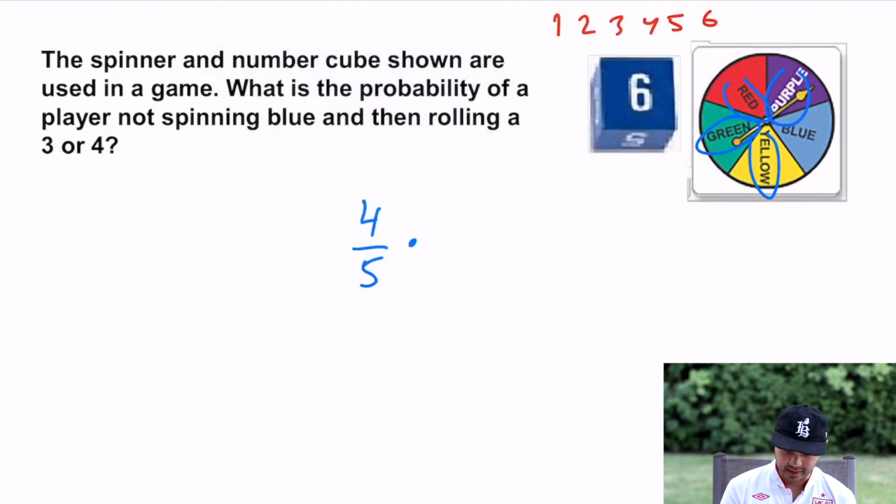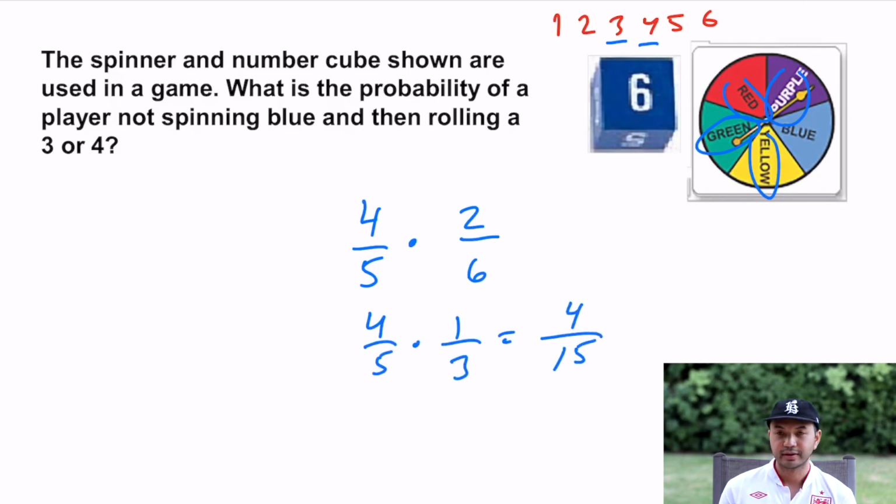So rolling a 3 or a 4, that's 2 out of a 6 possible. And then let's make these easier. So 4/5 times 1/3, that gives me 4/15. So there's a 4/15 chance that you will not spin blue, and you'll roll a 3 or a 4.